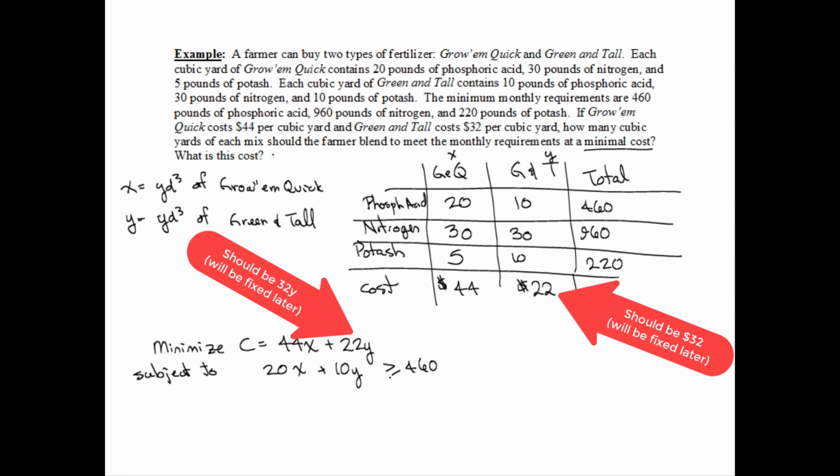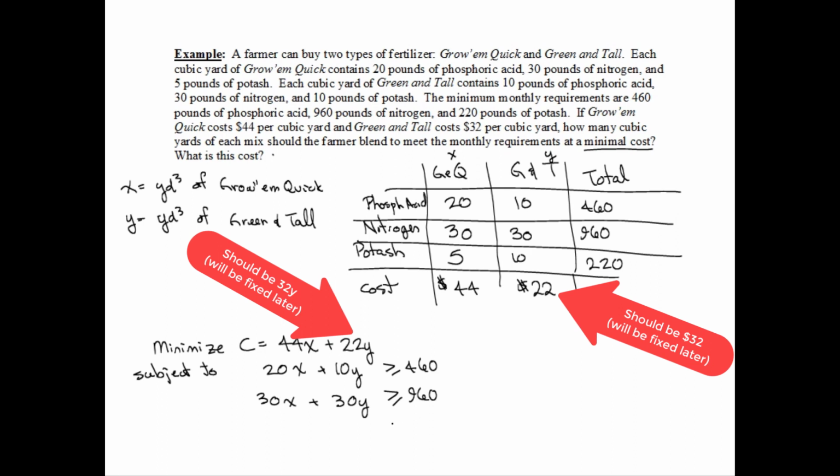We're going to do exactly the same thing for the nitrogen and the potash. For nitrogen, that's also a minimum requirement, so that means it can be larger, but it cannot be smaller. So greater than or equal to 960. 30x plus 30y.